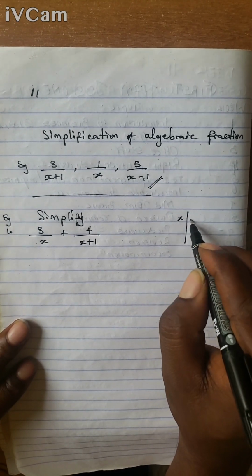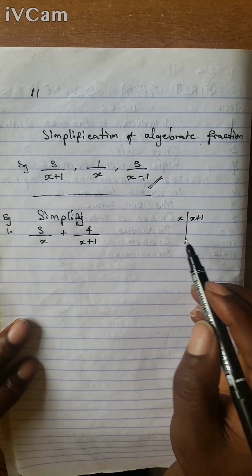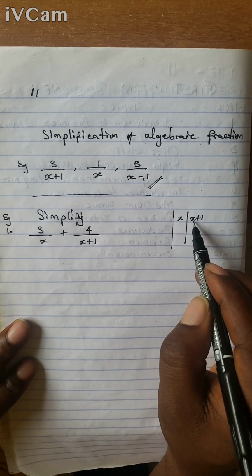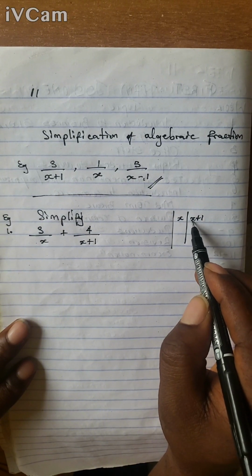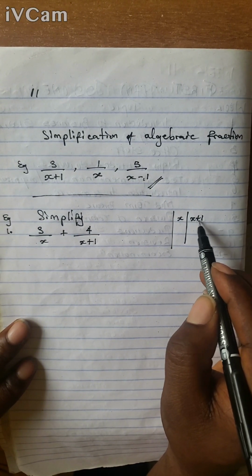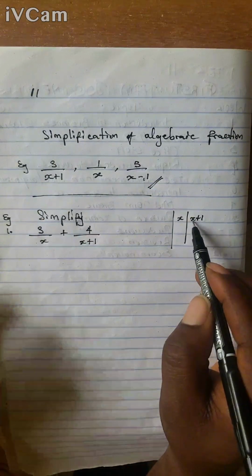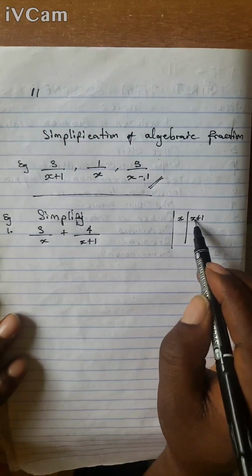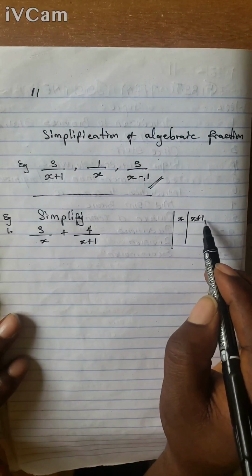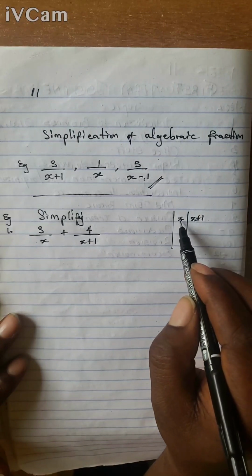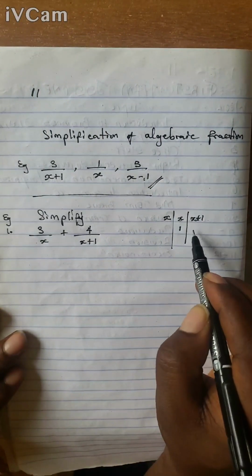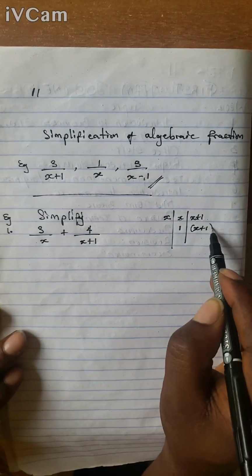So x plus 1. If you check in our previous videos, I told you that x plus 1, you cannot separate them, because the x is not just alone. There's nothing that can divide these two, because x plus 1 is together and x is alone. So if you divide by x, this one will give you 1, this will still give you back your x plus 1.